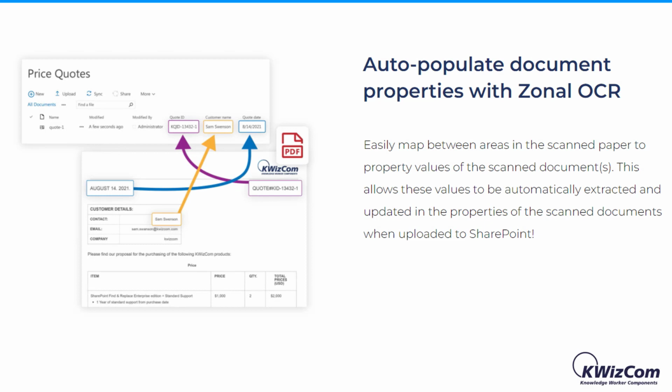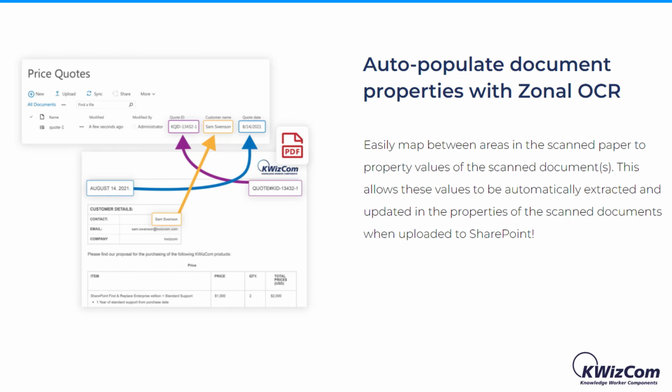An additional feature related to OCR is the Zonal OCR, which enables you to automatically extract property values from selected regions in the scanned papers. This feature is very useful when you need to scan the same type of documents over and over again.